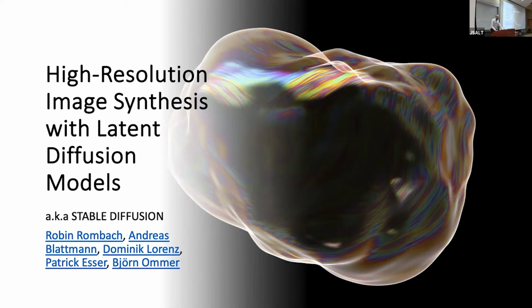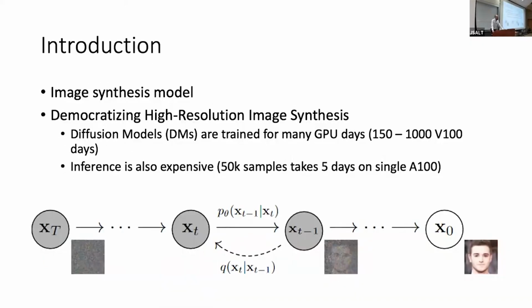So let me go through it. So this is probably well known by some people. Some people hopefully see it for the first time. And this is the process of diffusion. It's actually also a physical property of the universe, that if you put a tea bag into your hot water, it will diffuse.